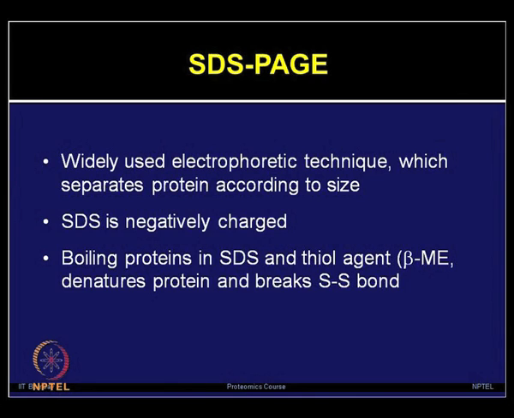This molecule SDS, or sodium dodecyl sulfate, is an anionic detergent that provides negative charge. It binds at a ratio of 1.4 gram of SDS per gram of protein to provide almost similar charge to mass ratio. Therefore, your protein separation will be based on the molecular weight in the electric field.